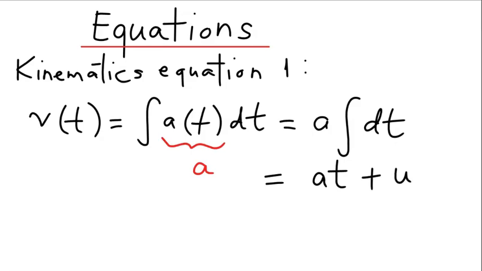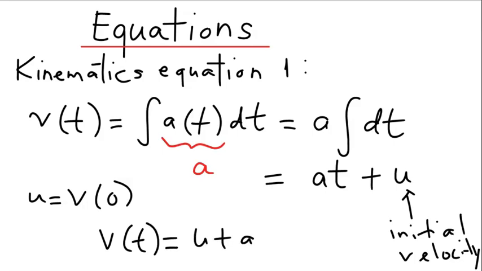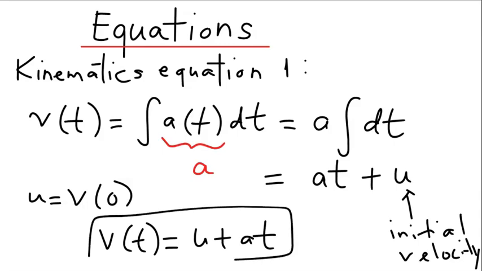Now immediately you can see u is the value of the velocity at t equals 0 seconds. So u is the initial velocity of this object. So now the complete equation, the first equation of kinematics, can be written in the following manner: v equals u plus at. So we have the first equation of kinematics.